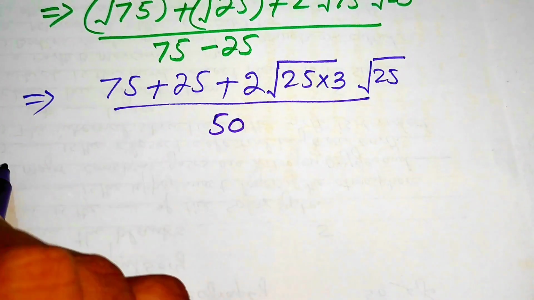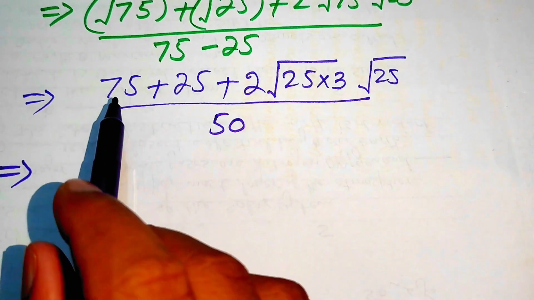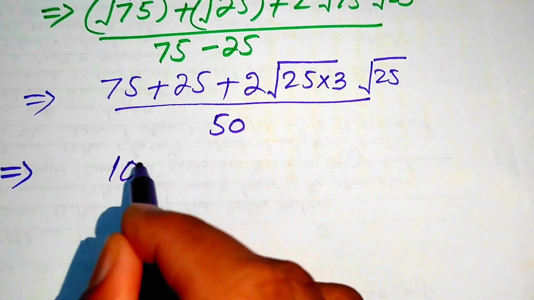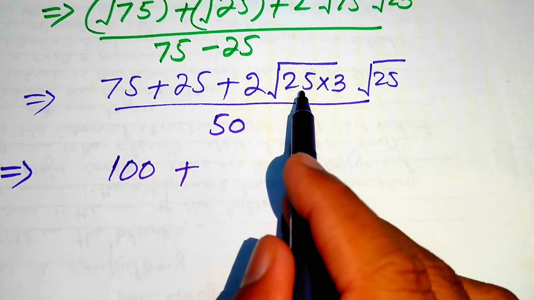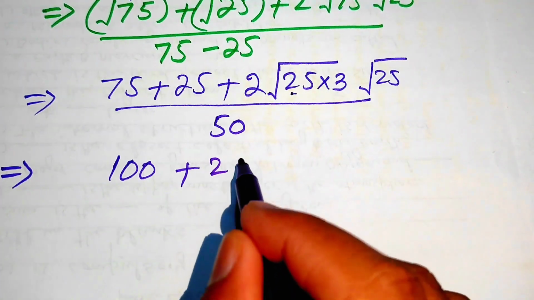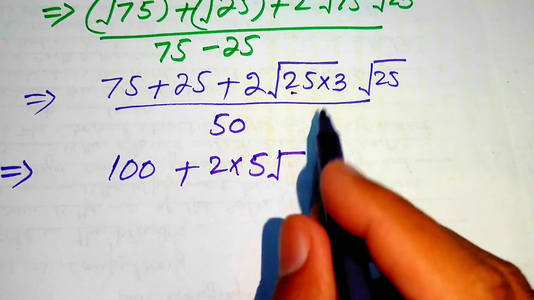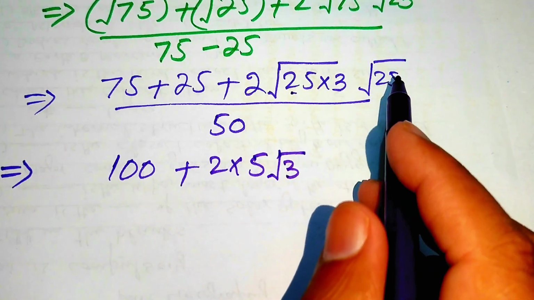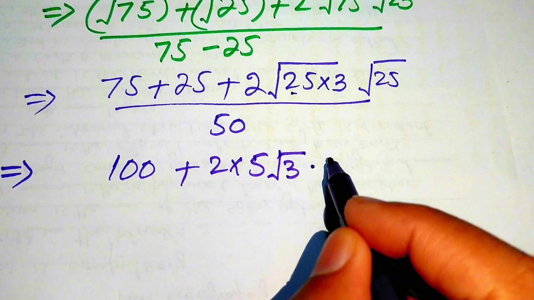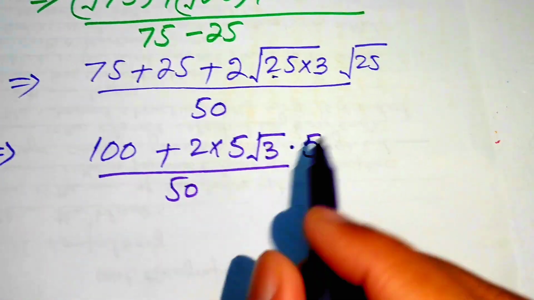Now in the upper term we need some simplification. Here we add the like terms: 75 plus 25 equals 100, and plus, you see that the square root of 25 is written as 5, and we get the square root of 3, and here the square root of 25 becomes 5, and this whole is divided by 50.